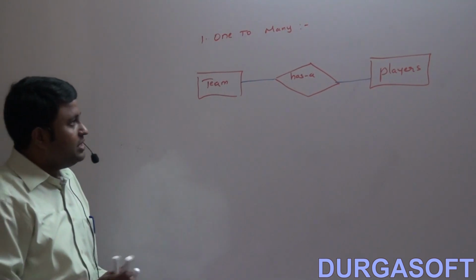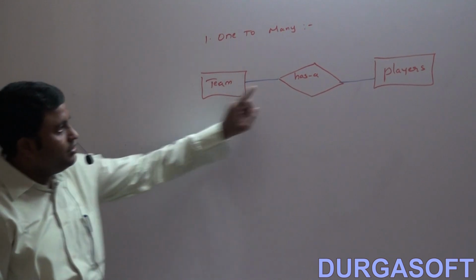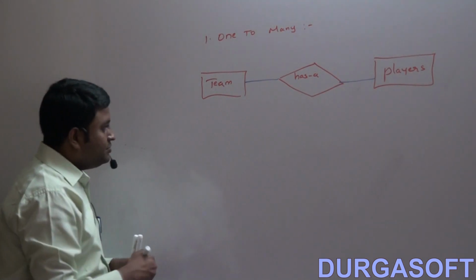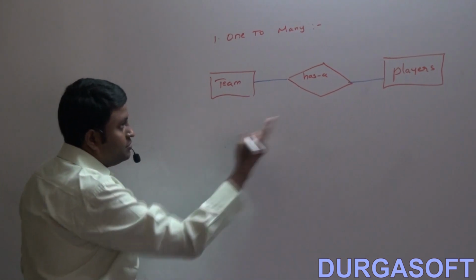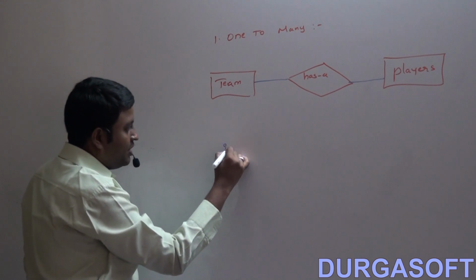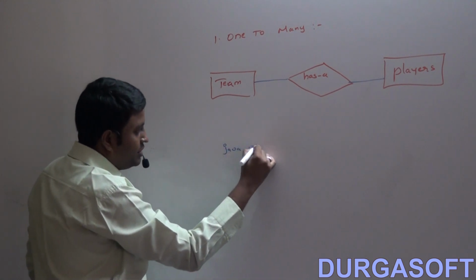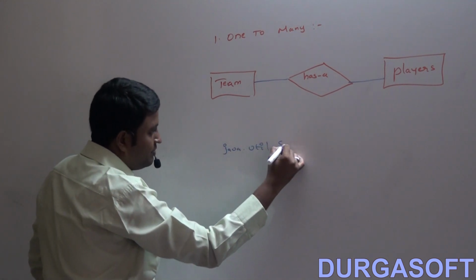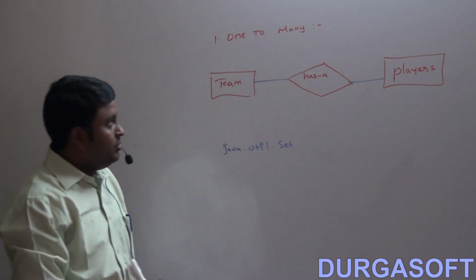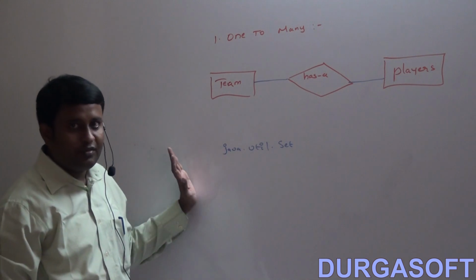According to this diagram, one team has many players. In this program, I am taking the child property in a parent class as a java.util.Set property. We'll see this practically.